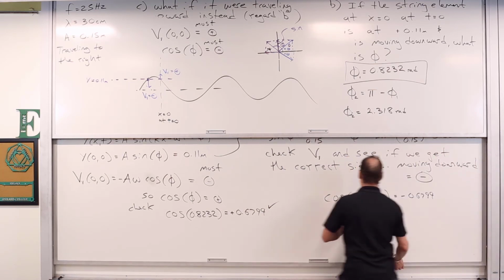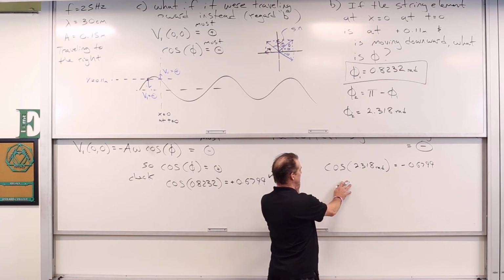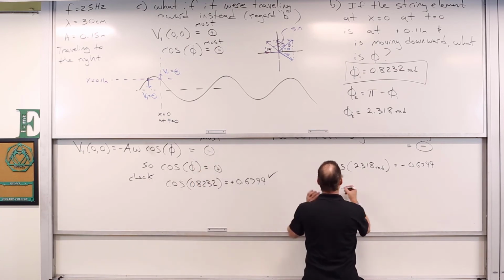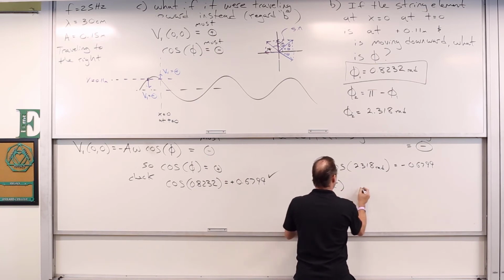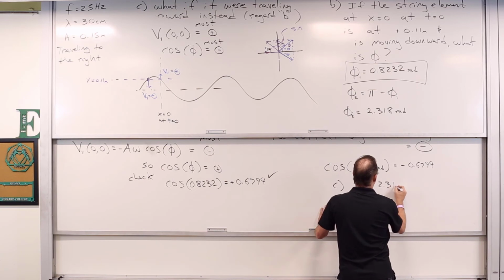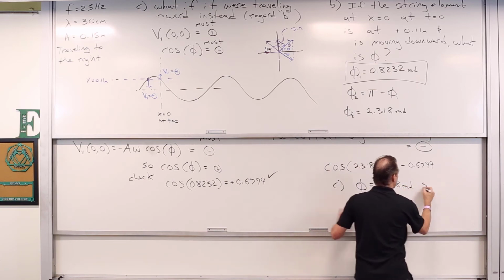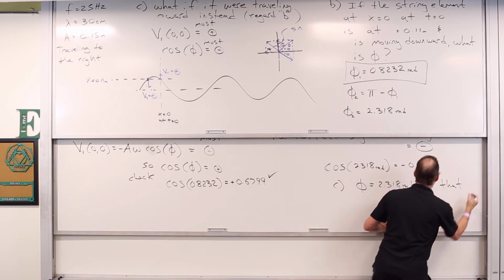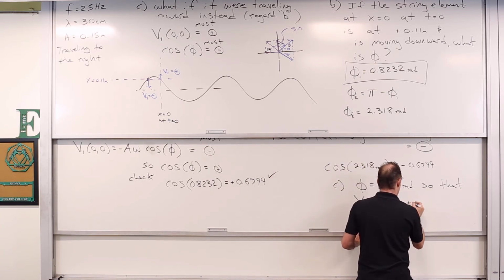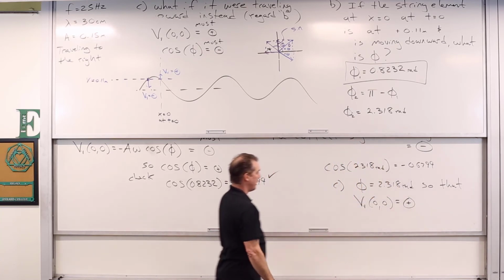That's great. But ultimately, this is the one that gives us V sub y is upward. Thus, for this part C, phi has to be equal to 2.318 radians, so that V sub y of 0, 0 is equal to a positive value, so that it's going up.